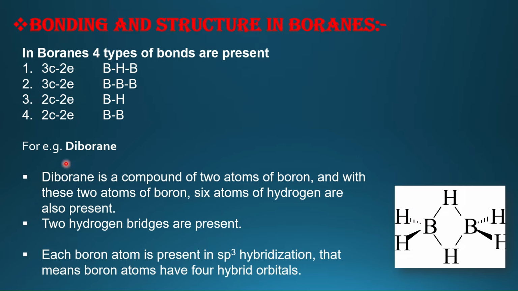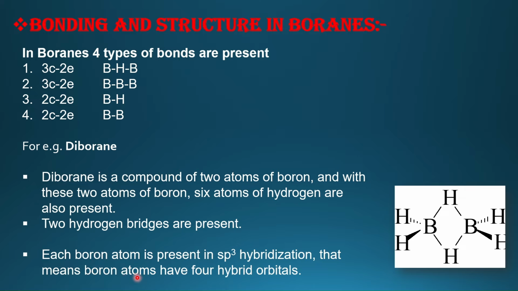For example, diborane. Diborane is a compound of two atoms of boron, and with these two atoms of boron, six atoms of hydrogen are also present. Two hydrogen bridges are present. Each boron atom is in sp3 hybridization.